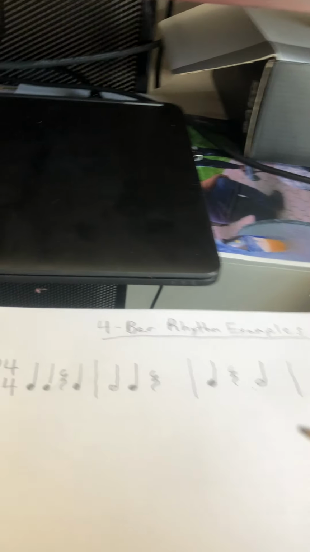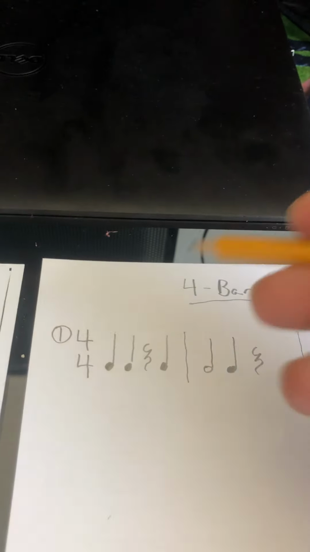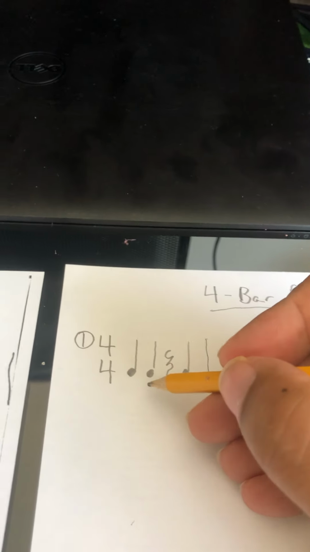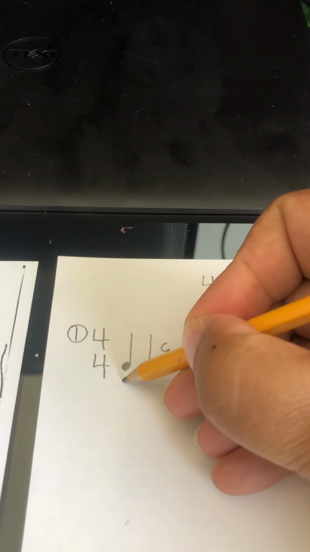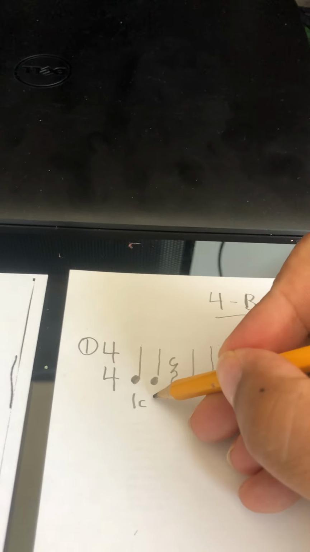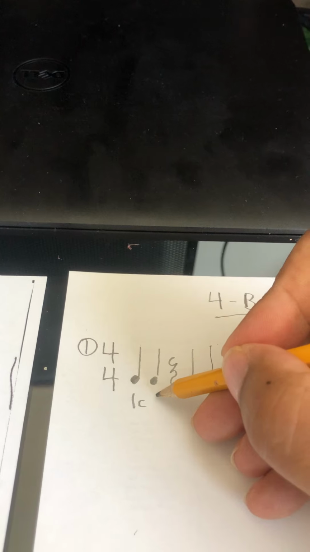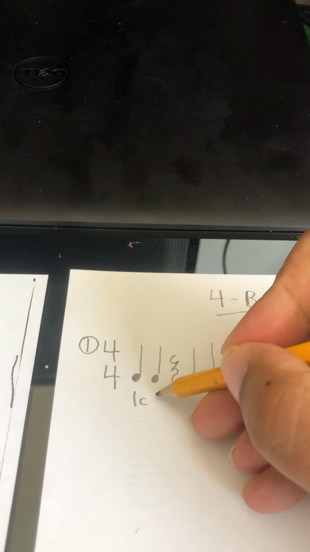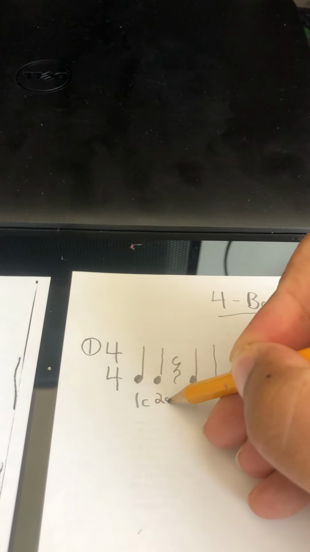All right, so I'm going to start with the first measure of number 1. This is a quarter note. It is first in the measure. One beat. It's on the first beat of the measure, beat 1. Then you have another quarter note. Comes in on beat 2.